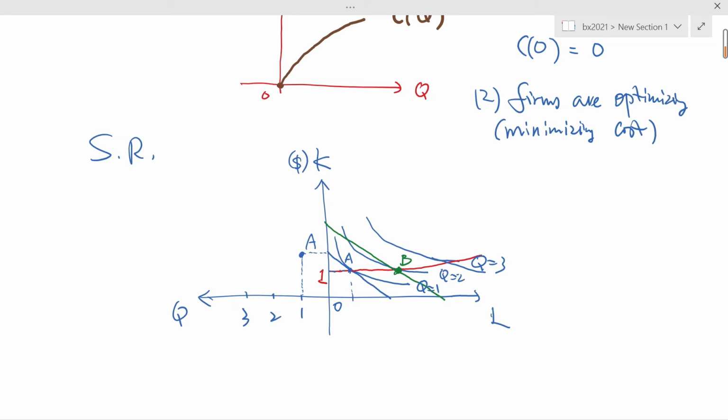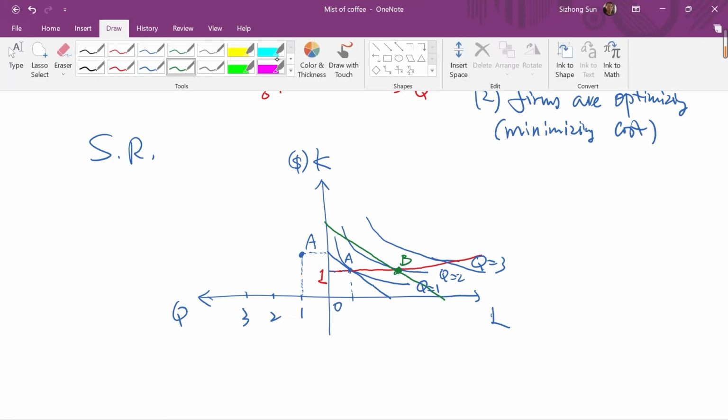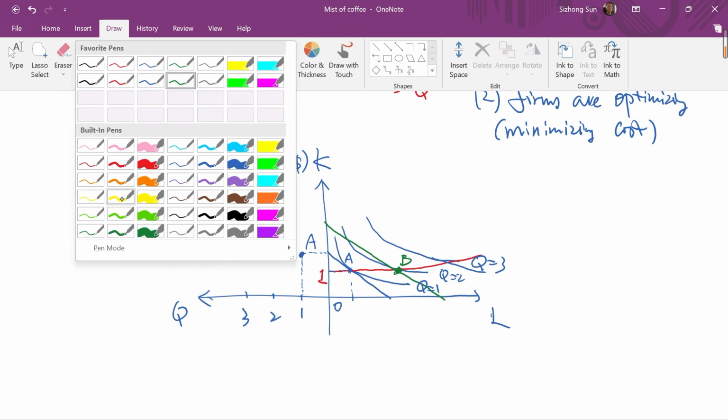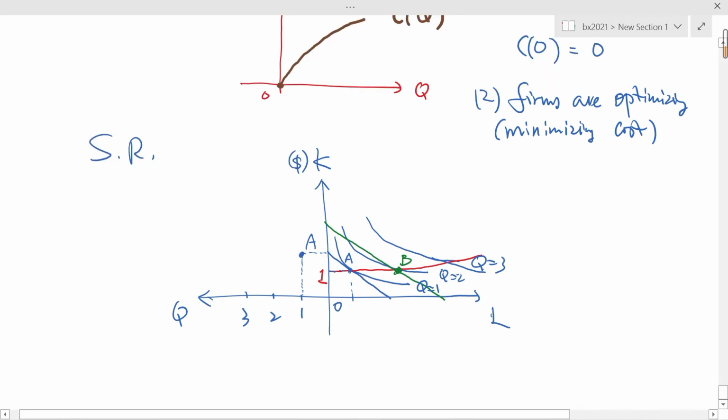To see this, we can shift this isocost line, in a different color, to be tangent with this 2-unit isoquant, parallel to the original.